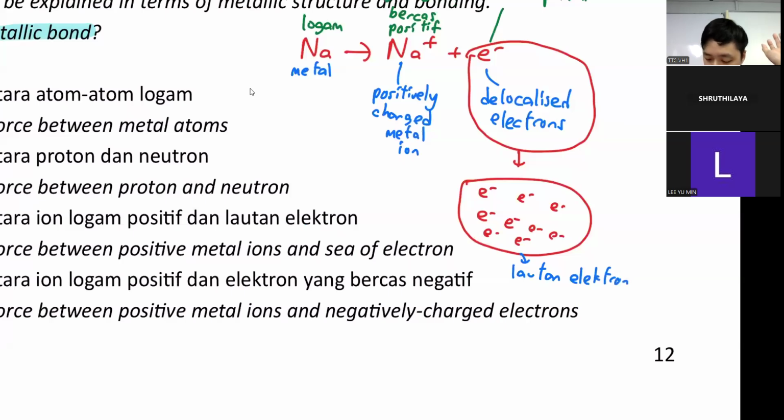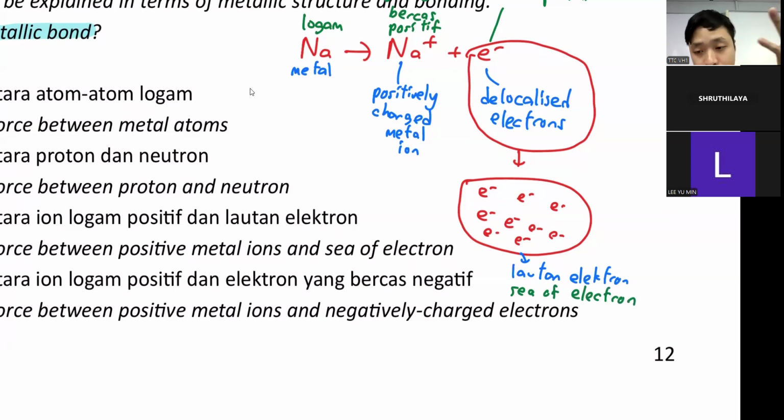In English it's called a sea of electrons. Between these two, we form an attraction force called electrostatic attraction force.